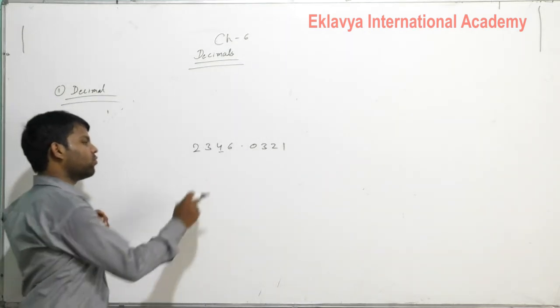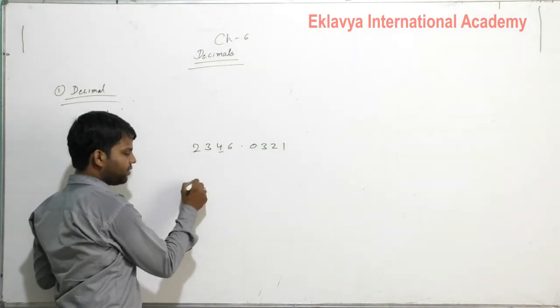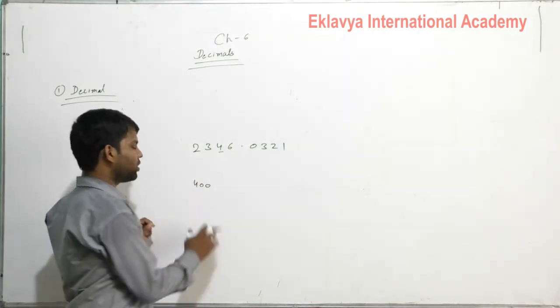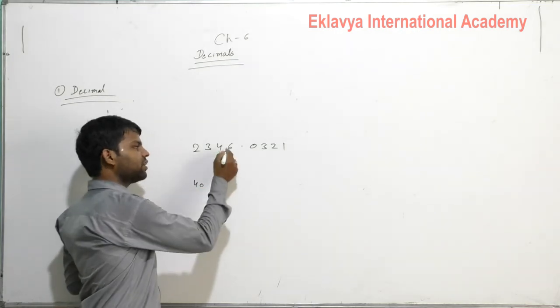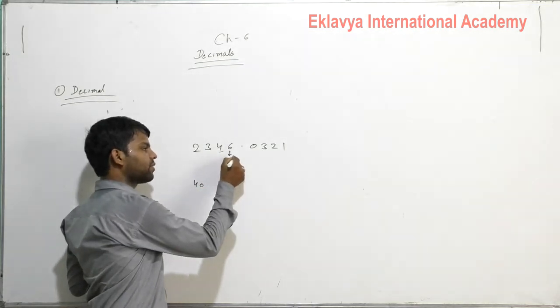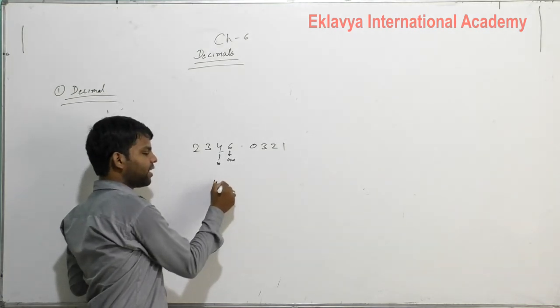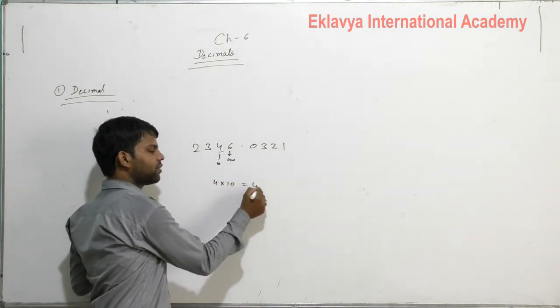Then what is the place value of 4? 40, because it's the tens place, so we multiply 4 by 10, and we get 40.